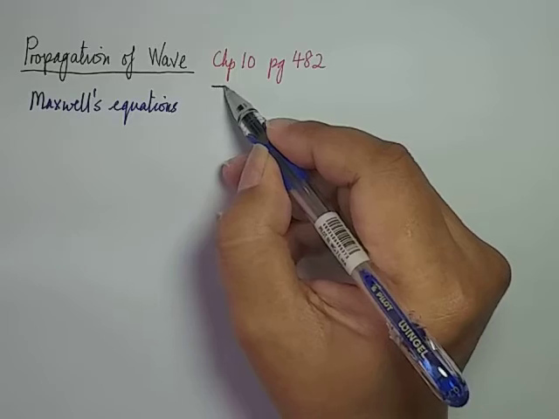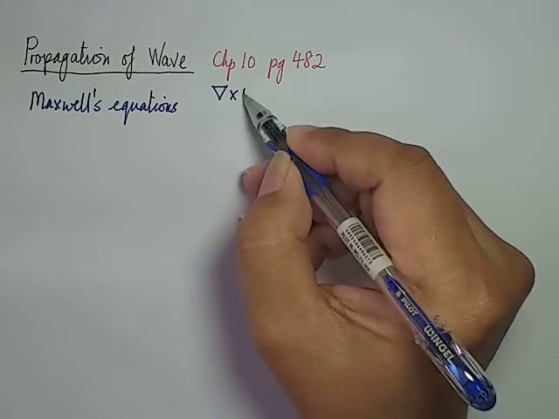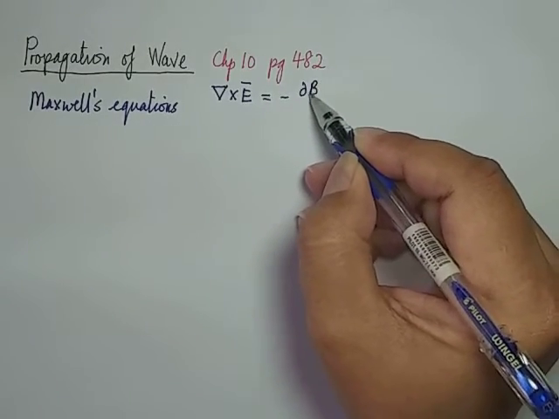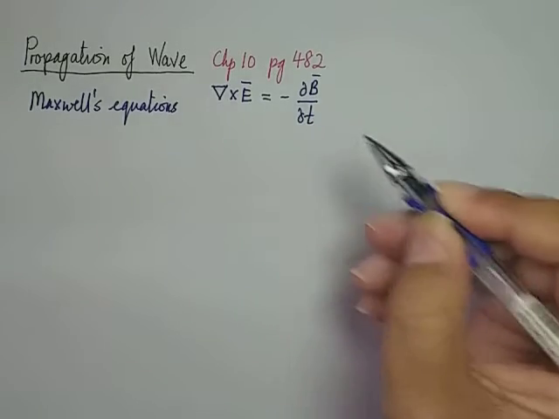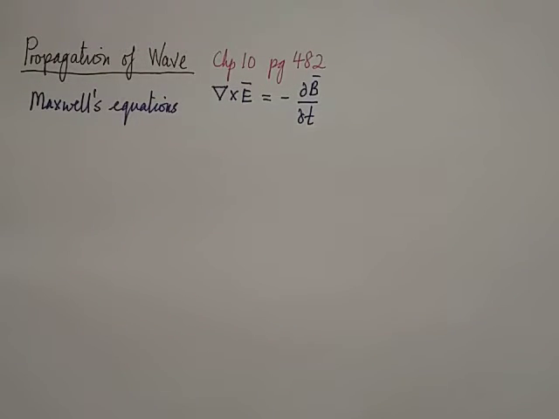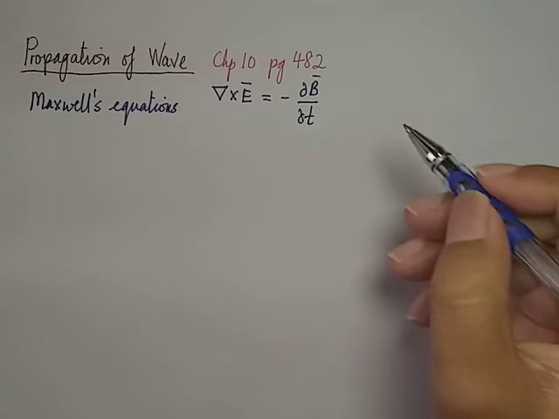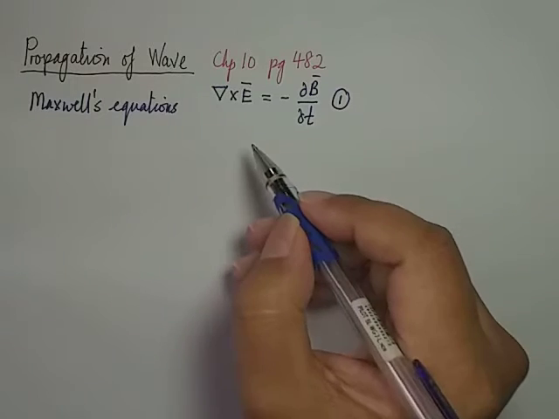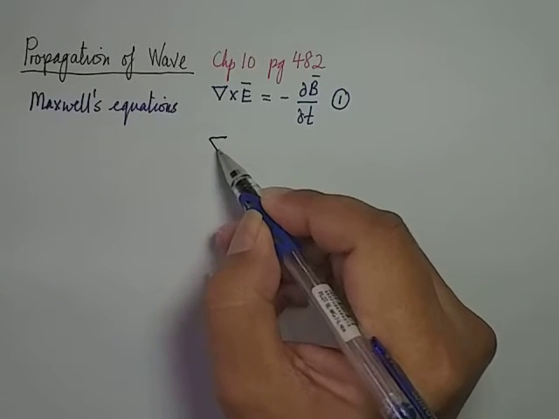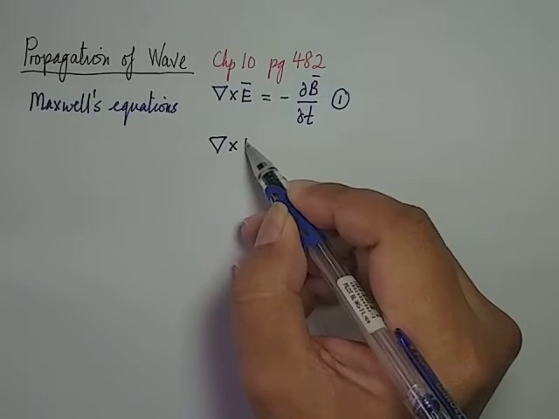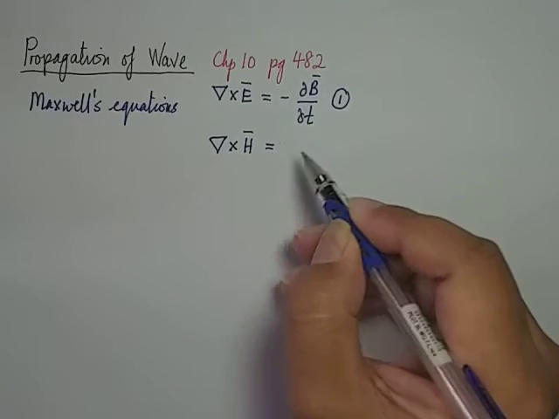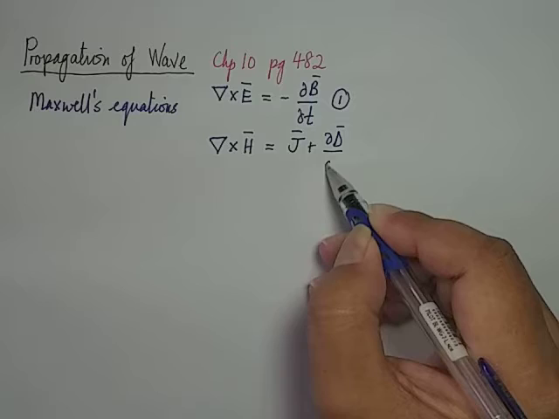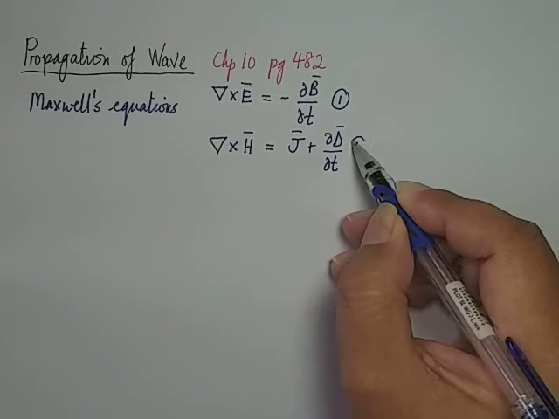The first one, the curl of E equals minus dB over dt. We have seen this equation discussed under Faraday's law, so let's denote that as equation number 1. The second Maxwell equation, based on previous discussion, the curl of H equals J plus dD over dt. That should be equation number 2.